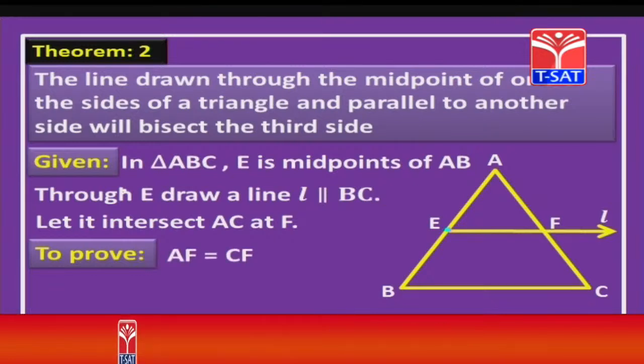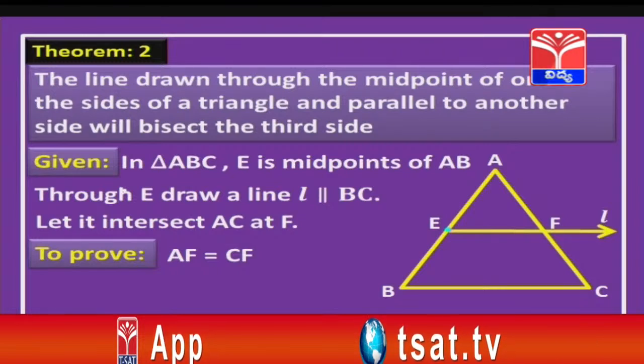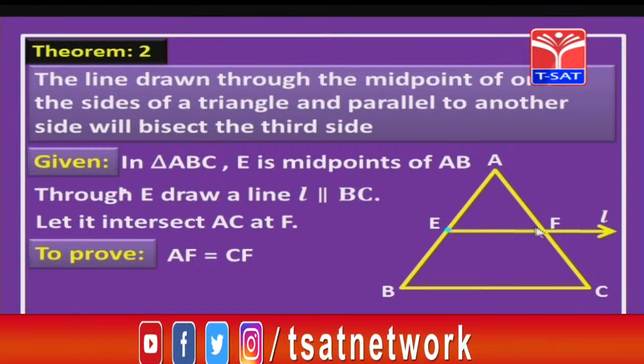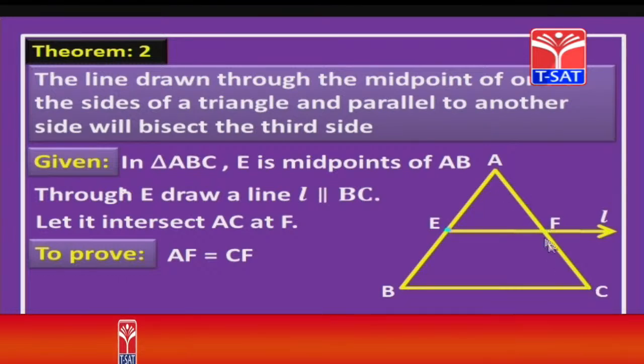Yes, we have to prove that this line bisects the third side, that means it divides AC into two equal parts at this point F, that means AF must be equal to FC. So, that is what we need to prove, children.